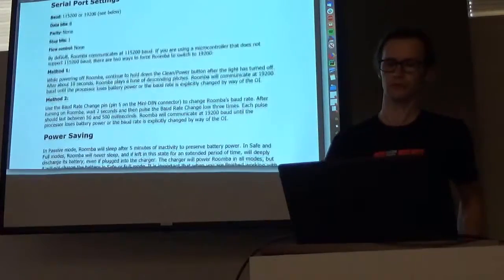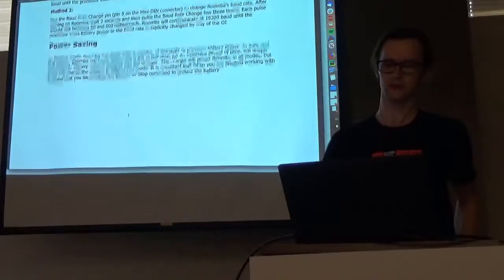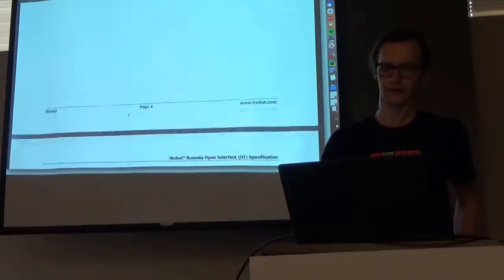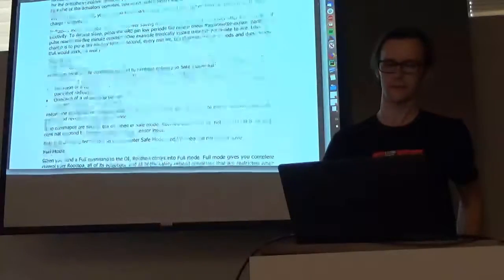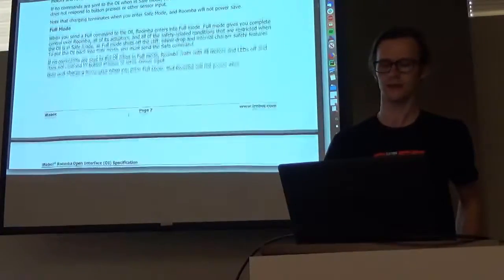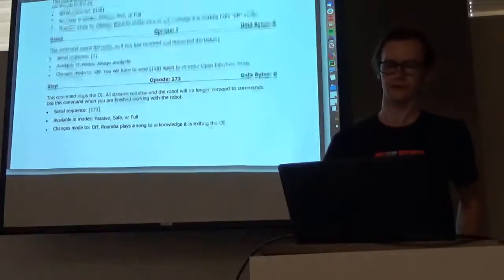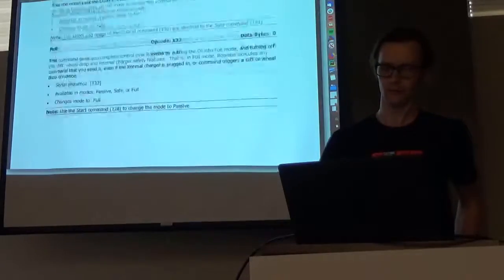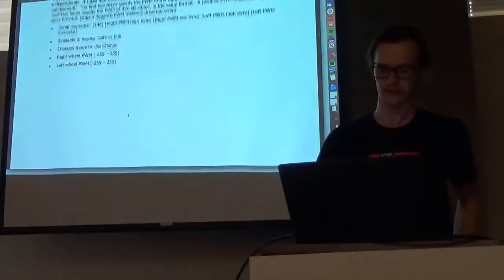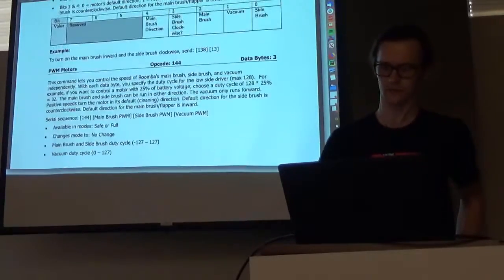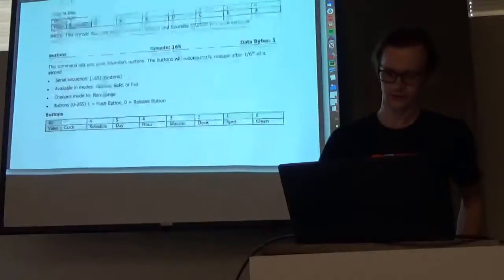And if you go through reading this doc, it basically tells you how to turn it on, how to get it started, the sequence of events that have to happen at startup, the modes it can be in, and then all the commands that you can run. All the way down to, you could actually make it play songs if you want to, because it actually has like a full note chart in here somewhere.